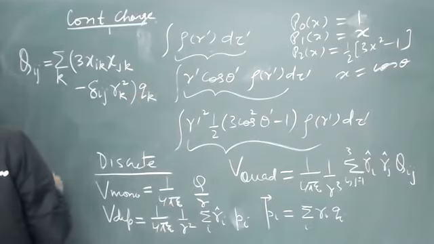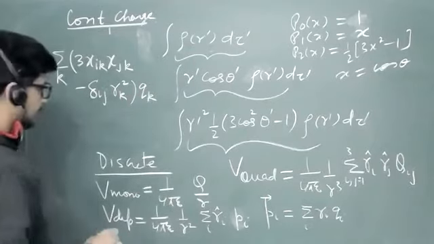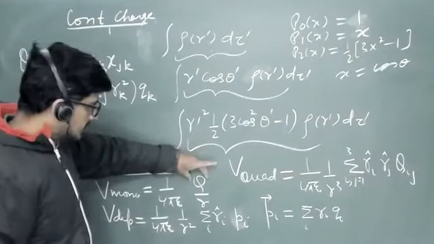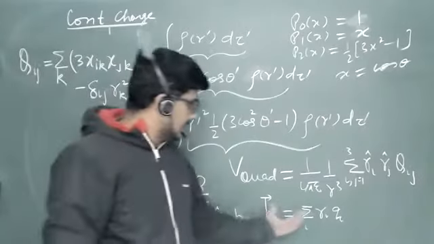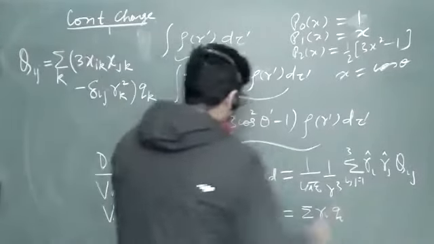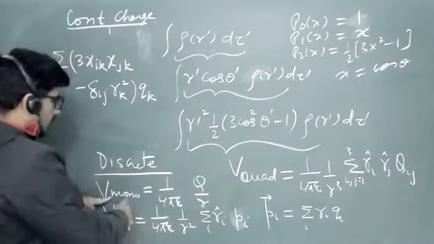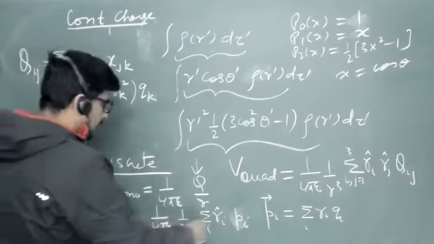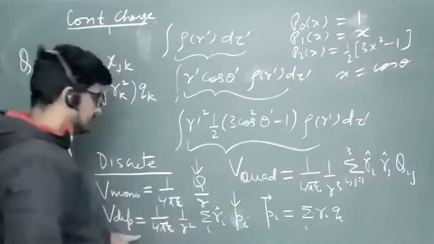Okay, now let me explain you. So monopole is related to charge, dipole is related to dipole moment, and quadrupole is related to quadrupole moment. So you can see in monopole this quantity is a scalar, which is a charge. In dipole this quantity is a vector.